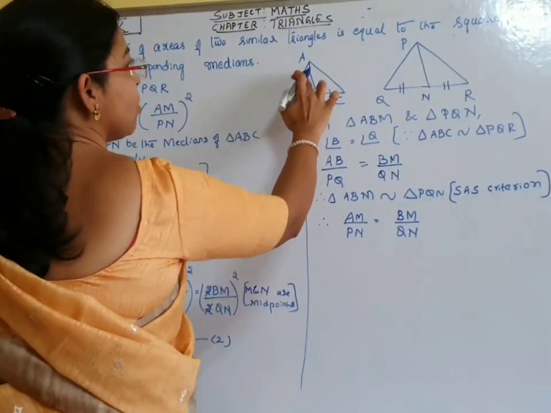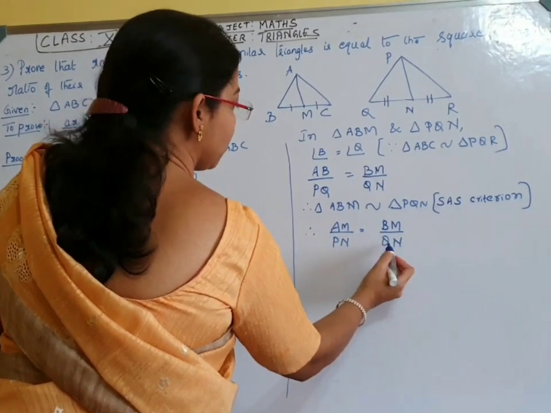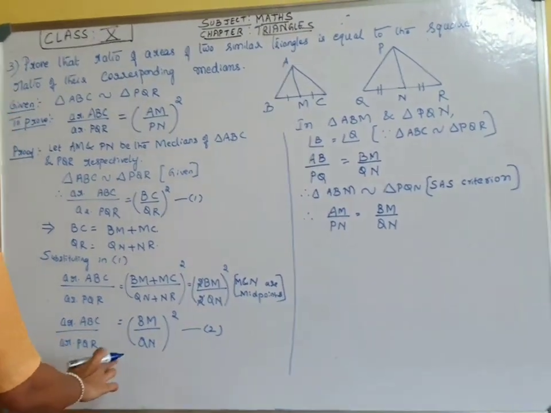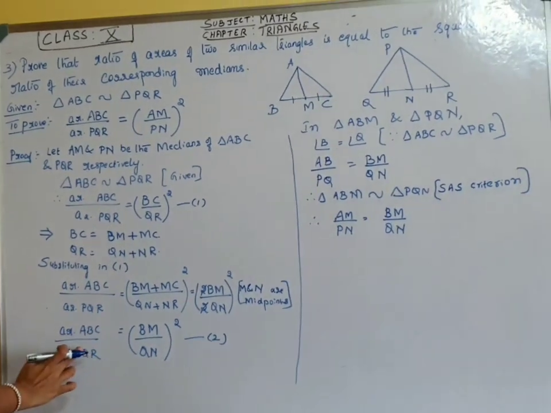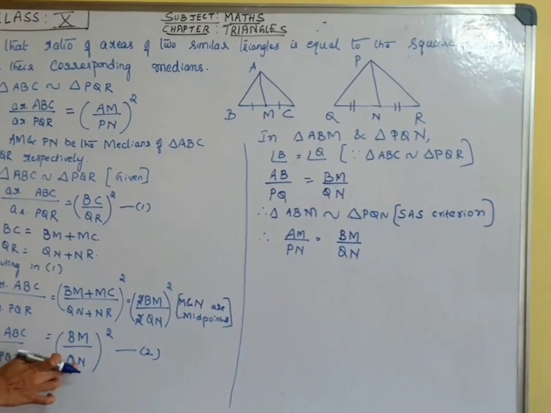We are considering these two triangles. We can substitute BM by QN in equation 2. In equation 2, we have area of triangle ABC by area of triangle PQR is equal to the square of BM by QN.